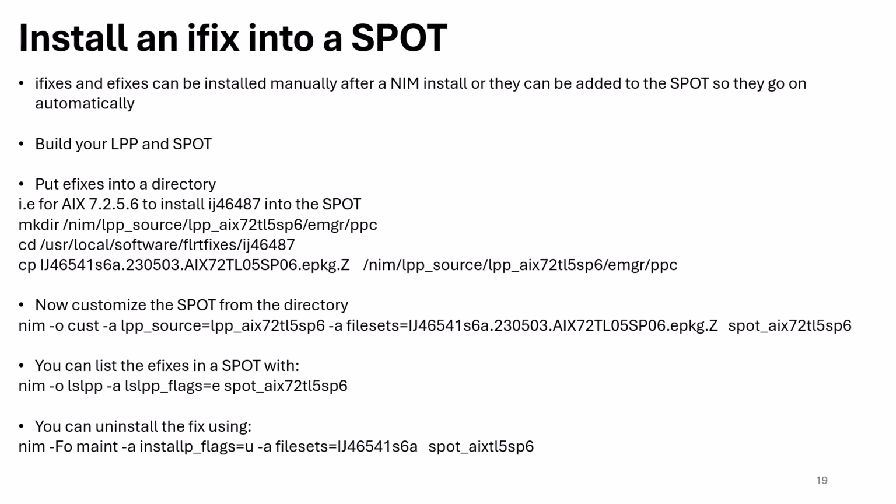I added an emgr/ppc directory, and then I copied the specific eFix from where I store them into that emgr/ppc directory. And then when I ran my nim -o cust against the LPP source, I told it what the fileset name was, but notice I didn't give it a directory because it knows that it's going to use the directory for that specific emgr/ppc.